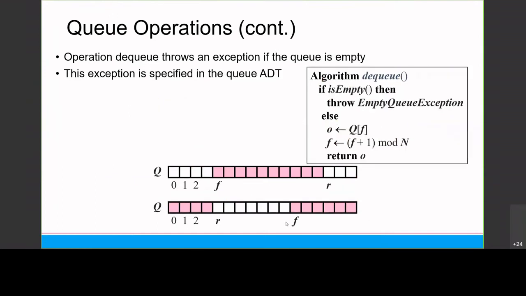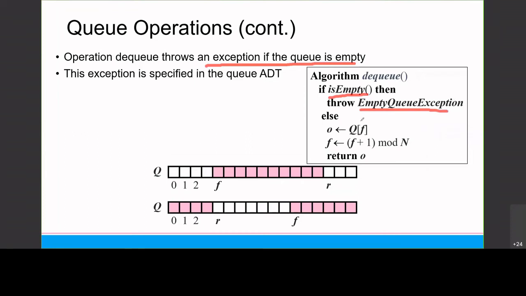And when you dequeue, it means you want to remove. Before you remove, you need to check whether we need to give the exception if the queue is empty or not. If it is empty, then you need to give the exception. So you can see the result of errors.